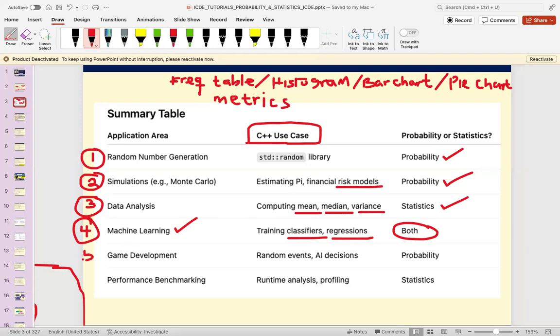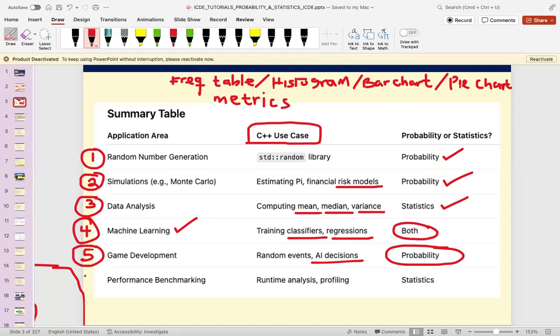Then there's another area called game development. So in game development too, you'll be addressing AI decisions, artificial intelligence decisions, and all are predictive. So it means anything that is predictive, then probability will have to come in to be able to conceptualize what you are doing in the game development.